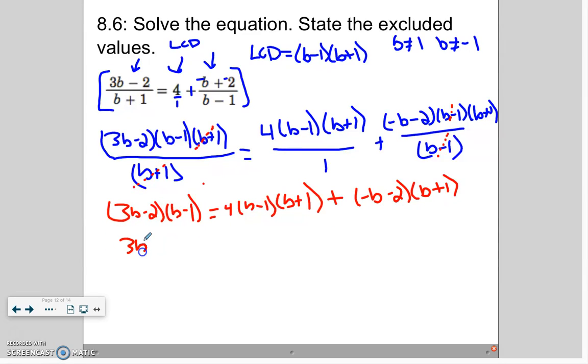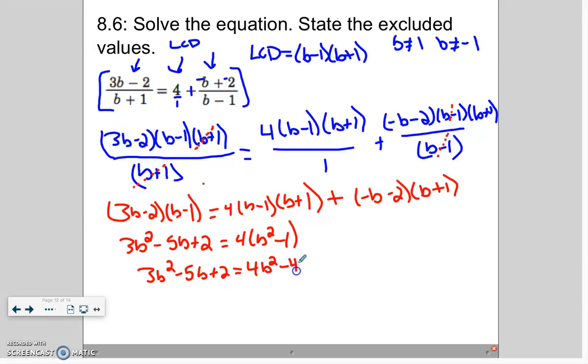This simplifies to 3b squared minus 5b plus 2. After we did first times first, outer, inner, last. Is then equal to 4 times b squared minus 1. So we're going to go 3b squared minus 5b plus 2 is then equal to 4b squared minus 4.